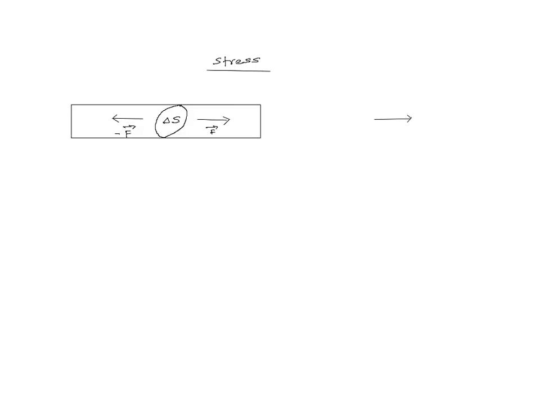One parallel to that delta S, the other perpendicular to delta S. The perpendicular one I can denote by normal, Fn. The parallel one I can denote by writing tangential, T for tangential.